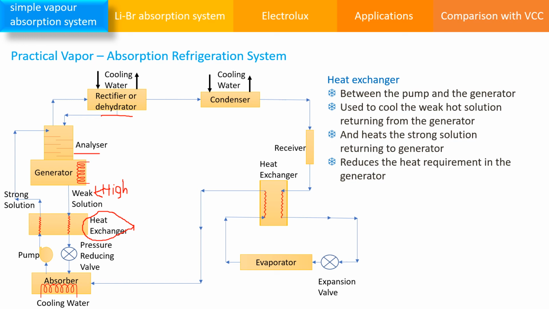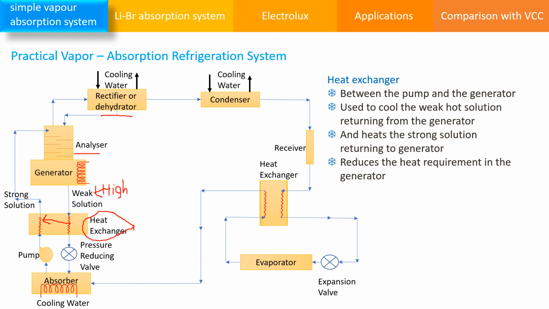So what happens in the heat exchanger is that the weak solution rejects heat to this strong solution, which anyway needs to be heated in the generator. So this reduces the heating requirement in the generator. The strong solution is heated by absorbing heat from the weak solution, so the weak solution gets cooled.